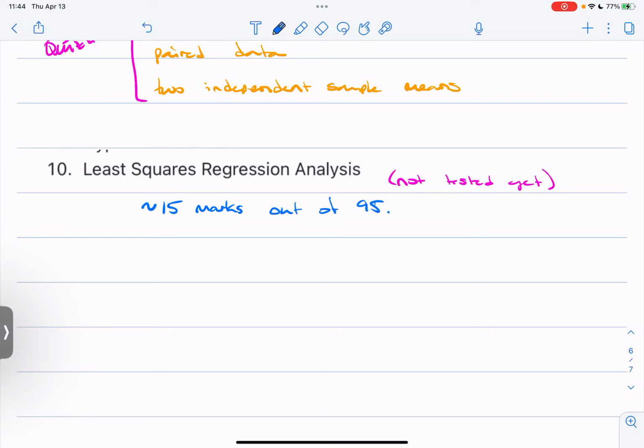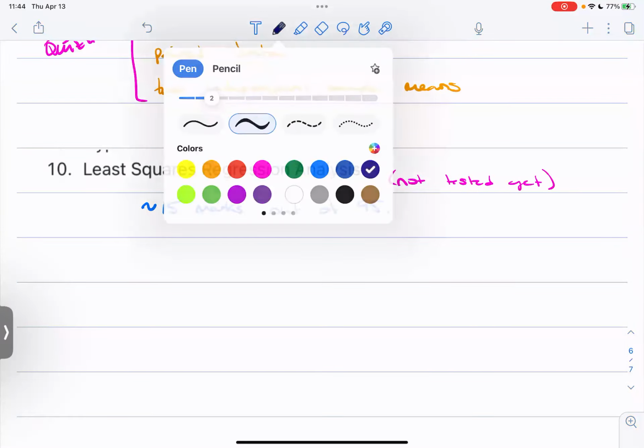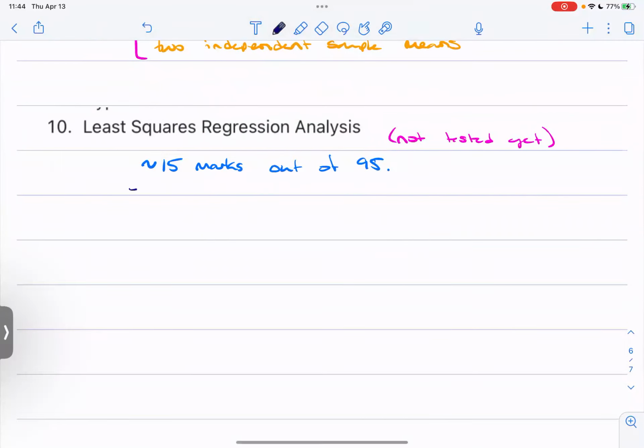But it's also very prescribed. You have to be able to, let's list all the things: describe the relationship. So given a scatter plot, describe the relationship. That means talking about the shape, the direction, and the strength, touching on all three of those things.